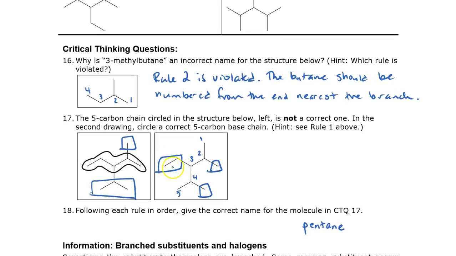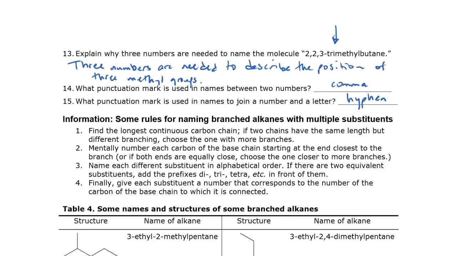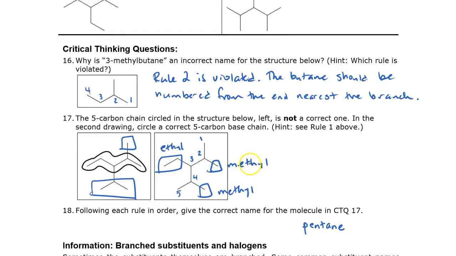So in this box is a 2-carbon substituent. That's ethyl. In each of these boxes is a 1-carbon substituent. That's a methyl. That's a methyl. If there are 2 equivalent substituents, add the prefixes di, tri, or tetra, etc. Well, I have that. There's 2 methyls. So if I put those together, those are going to be dimethyl.